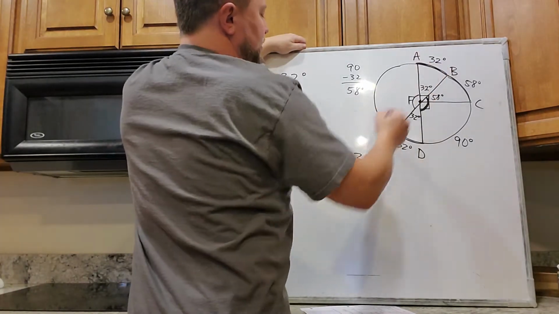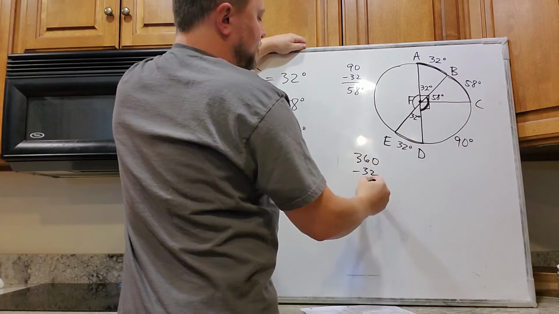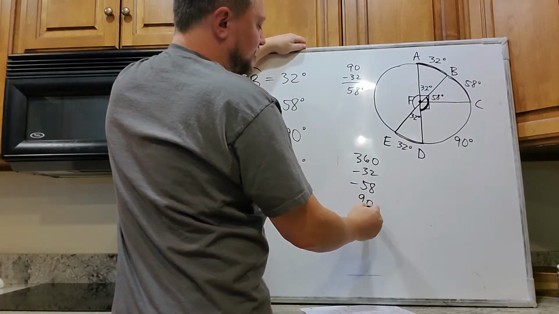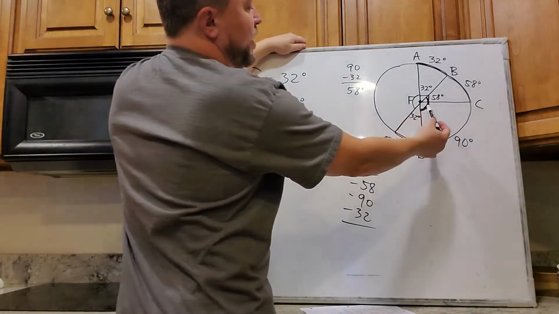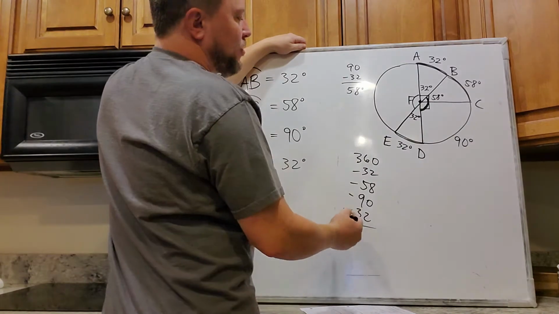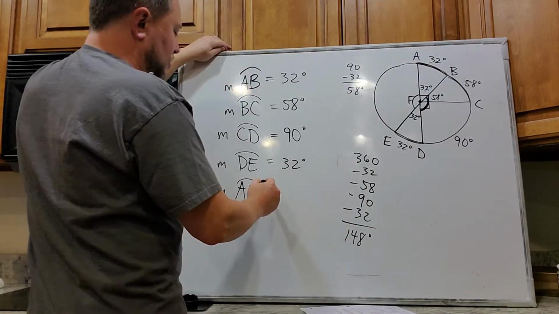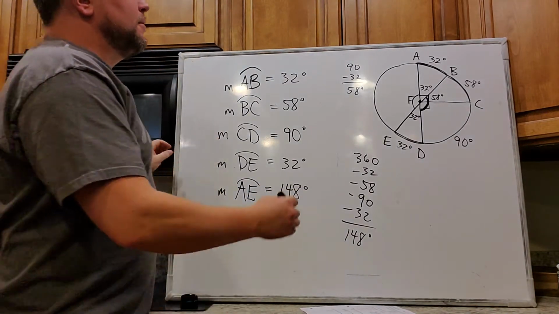So you could simply take away all of these other angles. Take away the 32, the 58, the 90, and the 32 again. And if you take all those away, it should match that 90 plus 58, or 148 for that angle, or that arc, I should say. Okay, so that's 148.